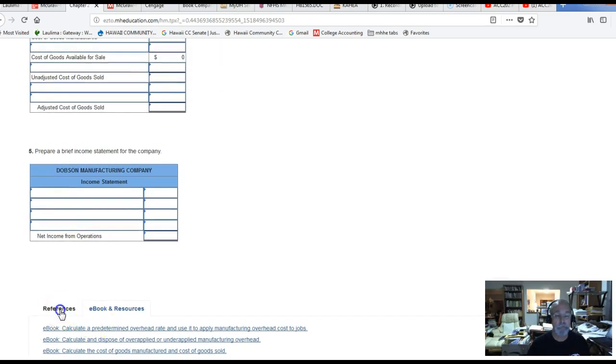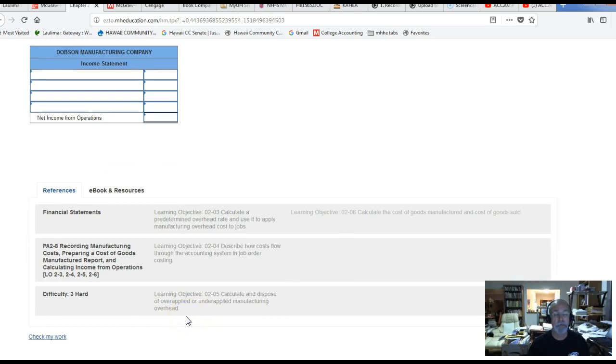And so if we take a look at the bottom, that section of this problem, you'll notice that the financial statements are covered in Learning Objective 2-3. Part of the problem is covered in Learning Objective 2-4 and also Learning Objective 2-5.